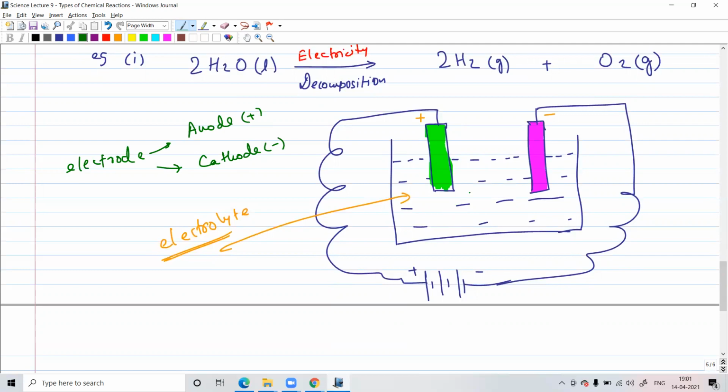The one which is connected to the positive terminal will be called the anode because it attracts negative charge. Anything which is negatively charged will be attracted towards this. That is why it's called the anode. This one is the cathode actually.